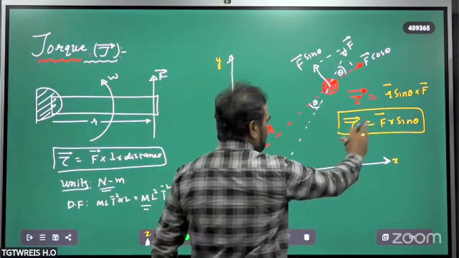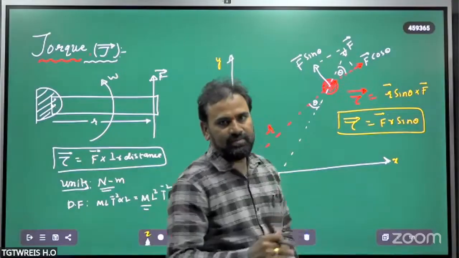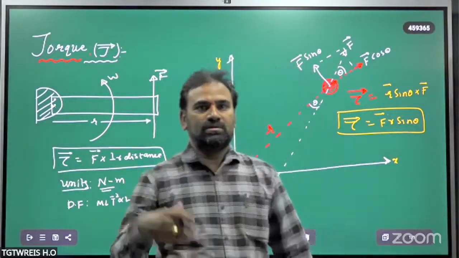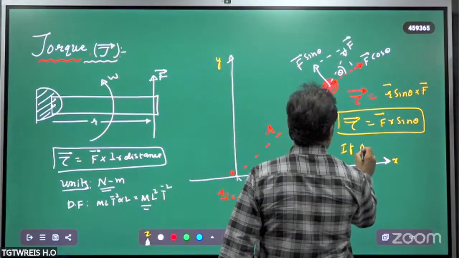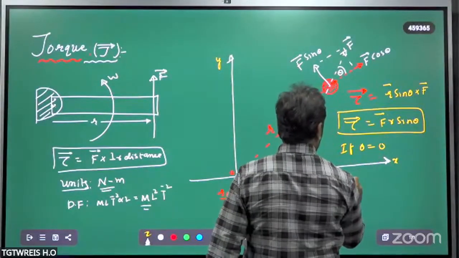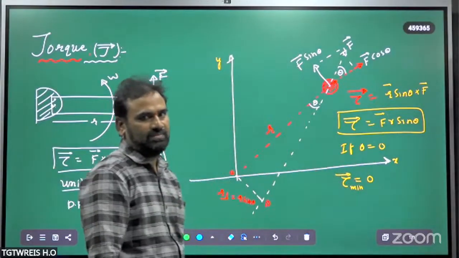Torque changes depending upon the angle. If theta changes, torque changes. If theta is equal to 0, what about the torque? Sin 0 is equal to 0, so the minimum torque acts on the object.